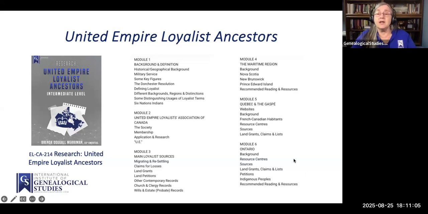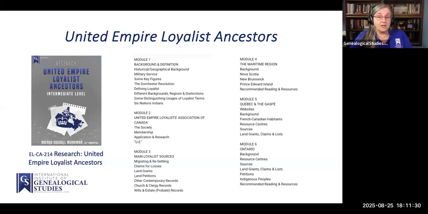And so it's going to cover the background, what is a loyalist, who qualifies to be a loyalist, and the loyalists were loyal to the crown is the easiest way to think about them. But you had to be a resident in colonial America, the colonies, before the outbreak of the war.